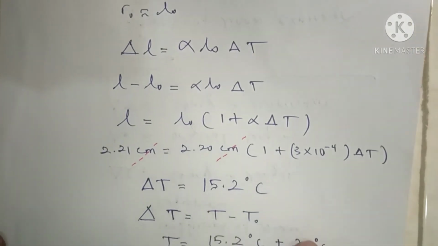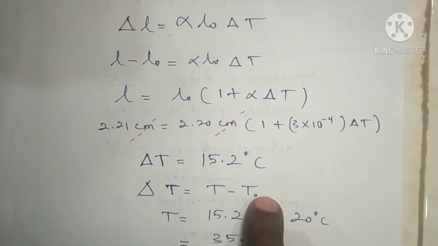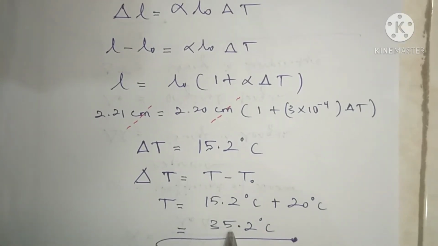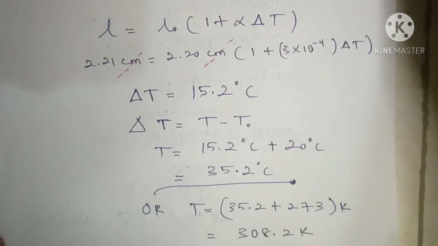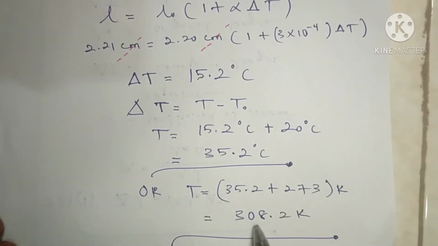The change of temperature is final temperature minus initial temperature. So the temperature which fits the frame is 35.2 degrees Celsius, or you can put it into Kelvin, which equals 308.2 Kelvin. Simple like a bubble without giving you any trouble.